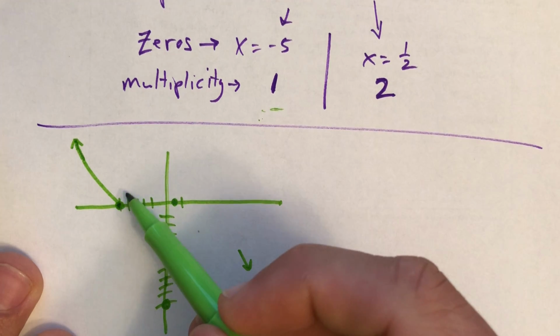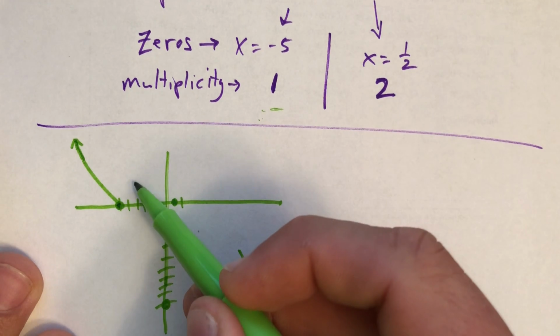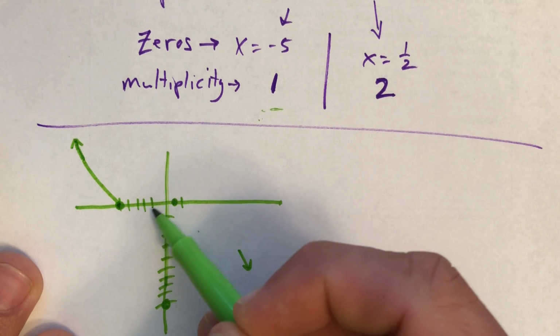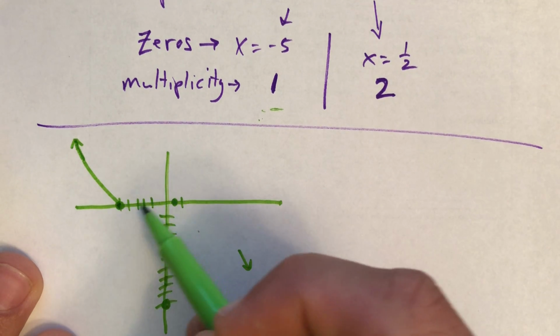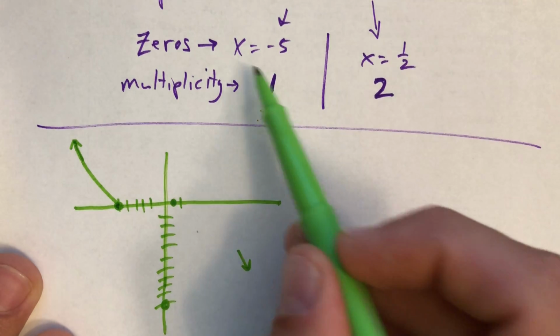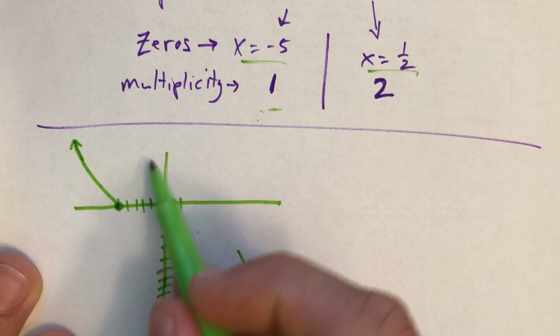Well, if we go up, we know that we're going to have to cross through this point at some point. If we go up, to get down to -10, we're going to have to go back down. So there would have to be another x-intercept somewhere in here. But we've already shown that there isn't. These are the only x-intercepts. We've already shown that. So we know that we can't go up.